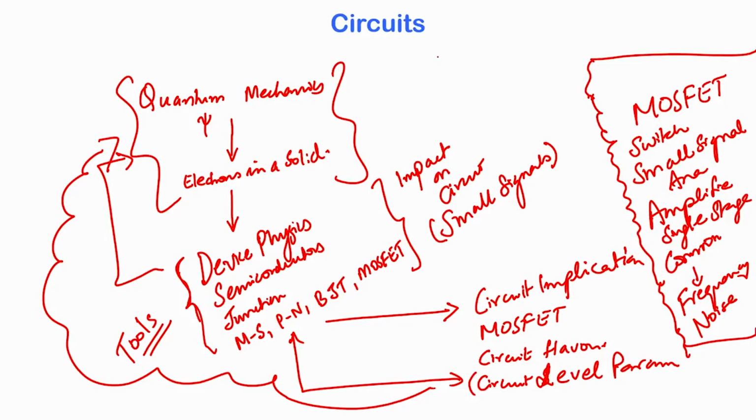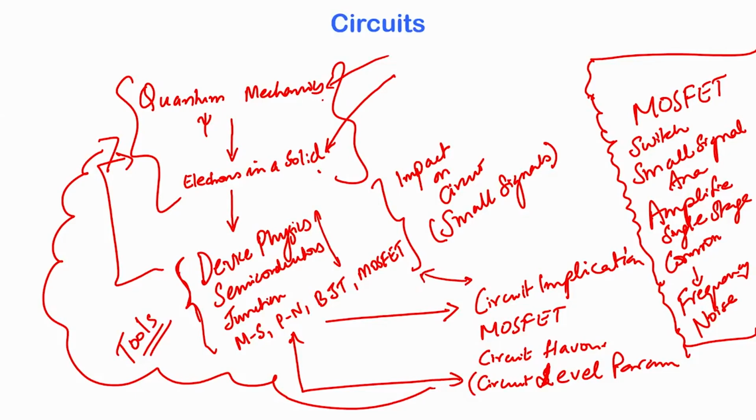So what we did is we briefly looked at many topics. So, this course is more wide than deep. It looked at many topics from quantum mechanics to solid state physics through device physics and engineering, and finally it is going to terminate with the understanding of circuits.